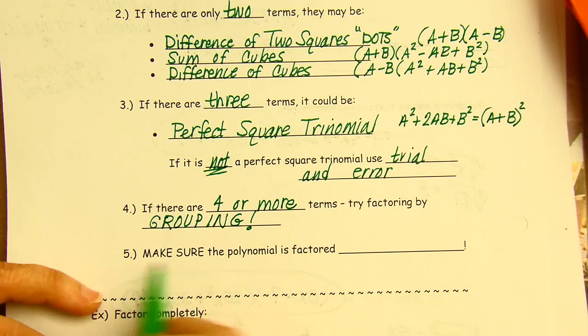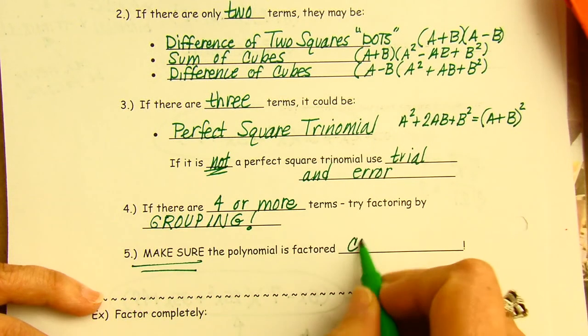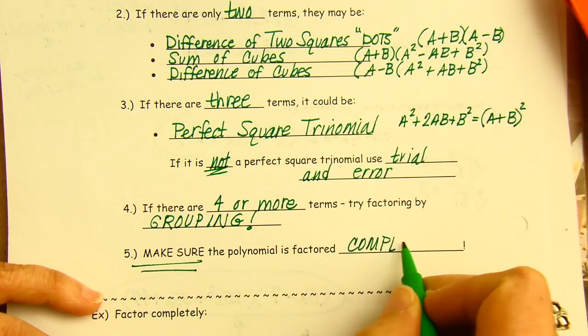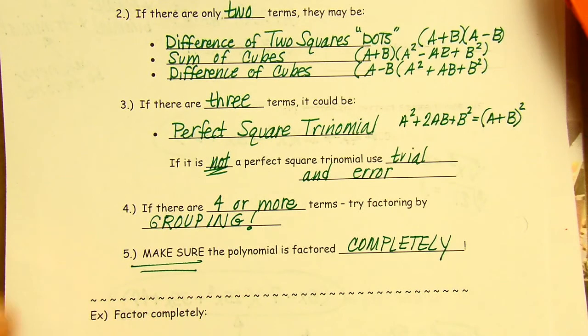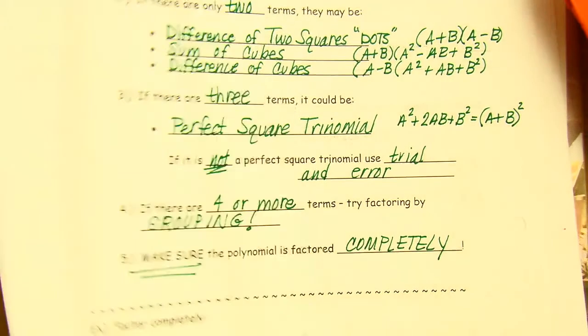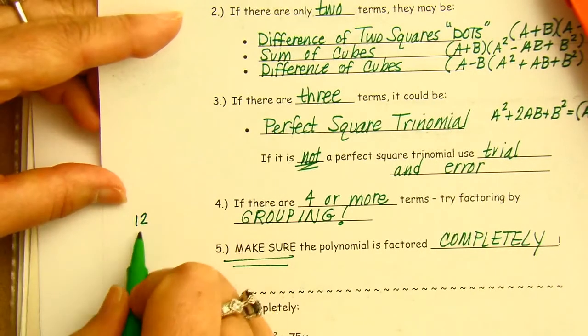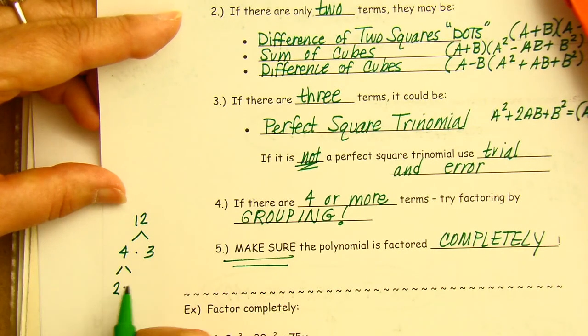And then at the end, you got to make sure that the polynomial is factored completely. Remember my factor tree when I drew a factor tree for 12. You had to factor it down to its prime factors, right? So I'll do it again. 12 was 4 times 3. 4 is 2 times 2.